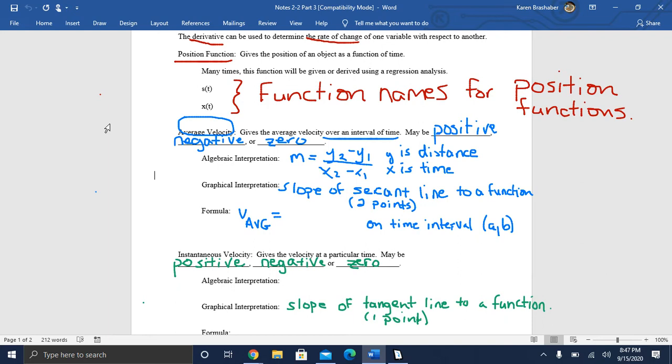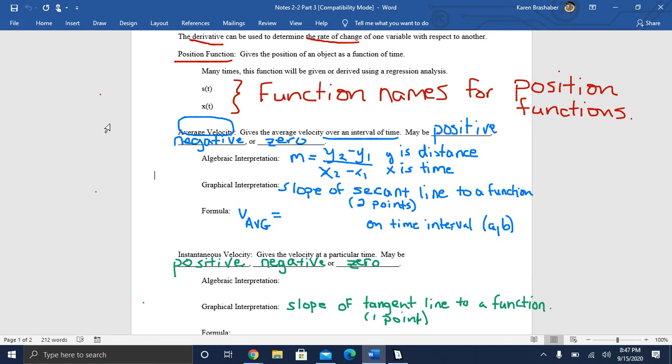So just calculating the slope. So you would have to know two ordered pairs. Keep in mind that we're really looking at distance over time. And so this would be the algebraic interpretation of finding the average velocity.